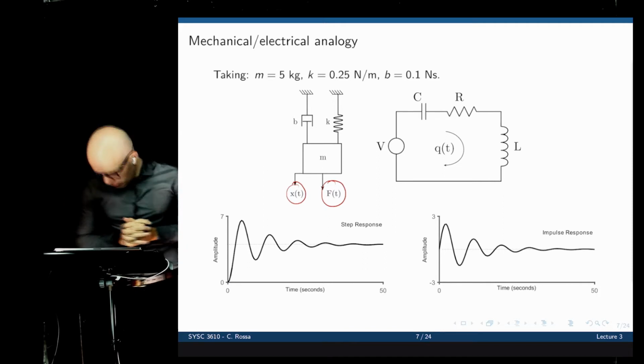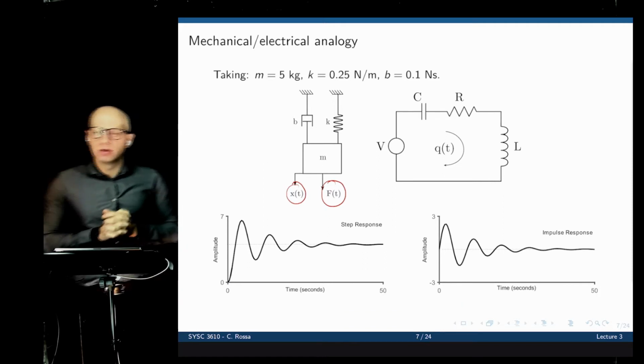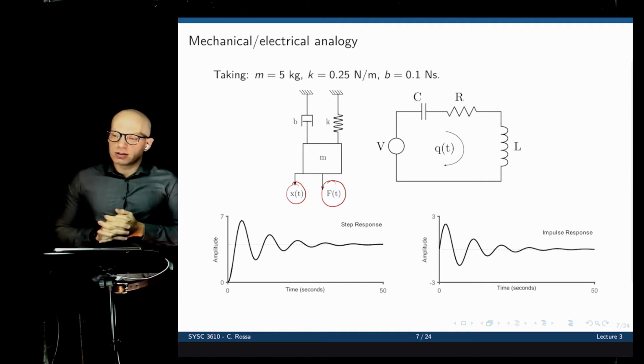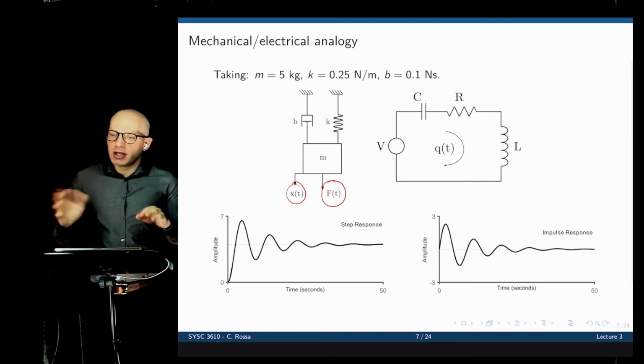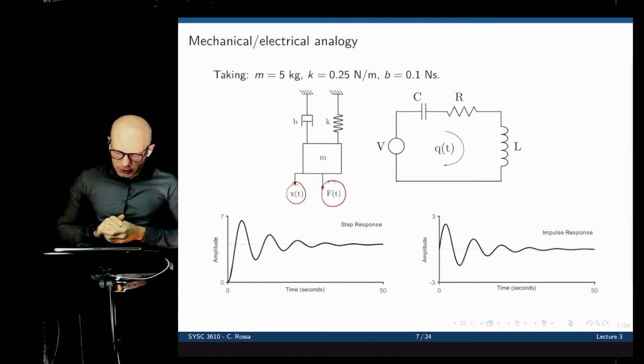How would you describe a step input to the electrical system? What does it mean to apply a step input to the electrical system? Turning the voltage on. Exactly, turning the voltage on and just leaving it on as time goes to infinity.